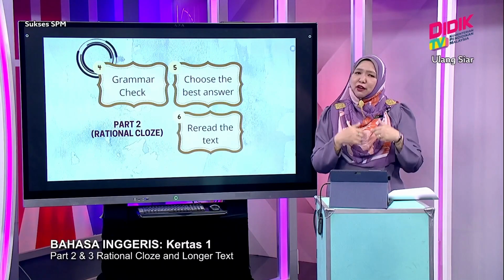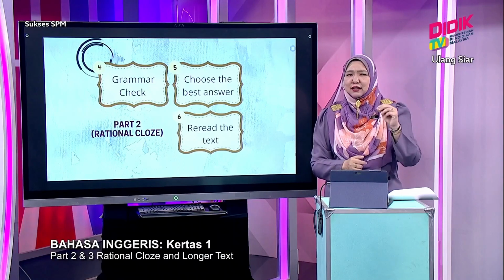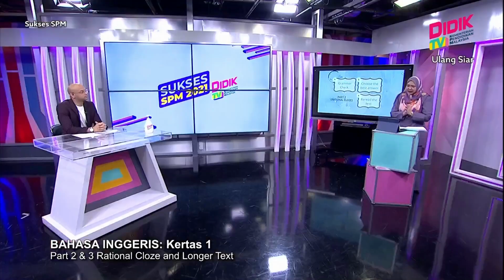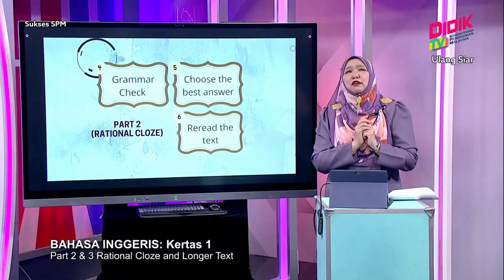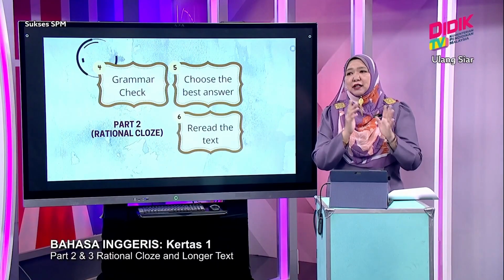So you have to reread the text so that the flow of it is smooth. And then at that time, you know that is the best answer. So these are the tips and techniques in answering part 2.